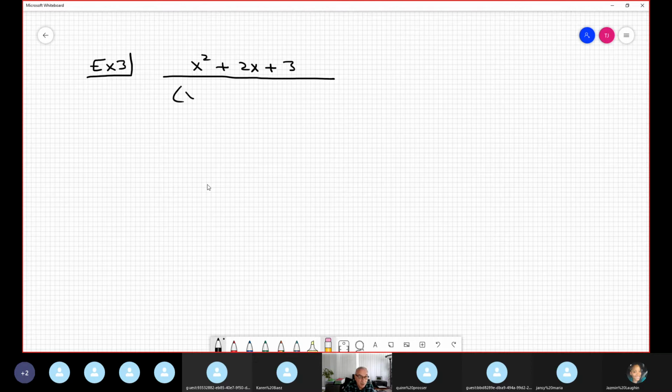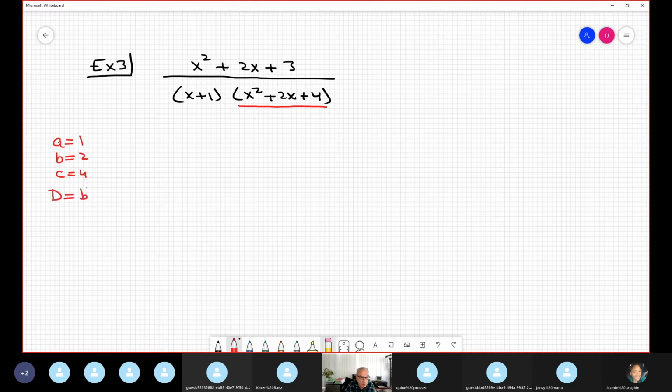We have in the bottom x plus 1 and x squared plus 2x plus 4. By the way, this is an irreducible quadratic. One fantastic way to verify quickly that it is an irreducible quadratic: suppose A is 1, B is 2, and C is 4, and apply the discriminant formula.